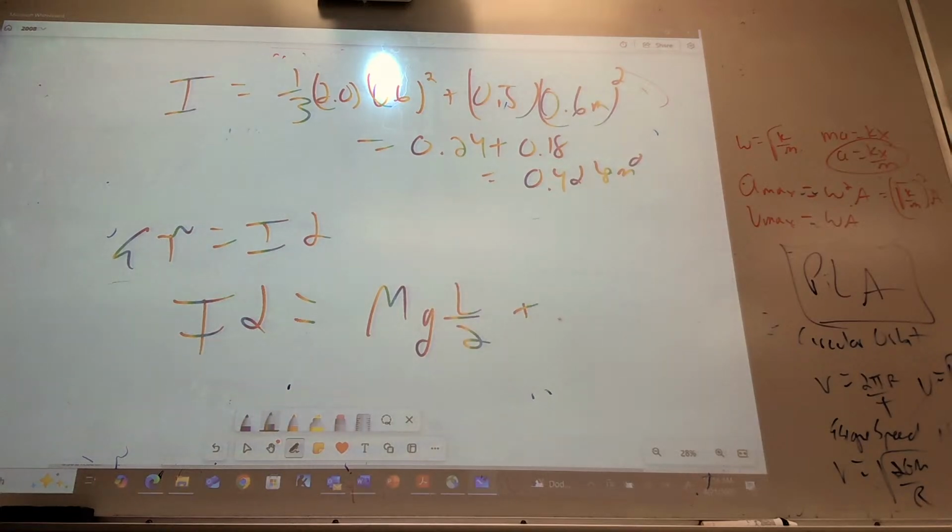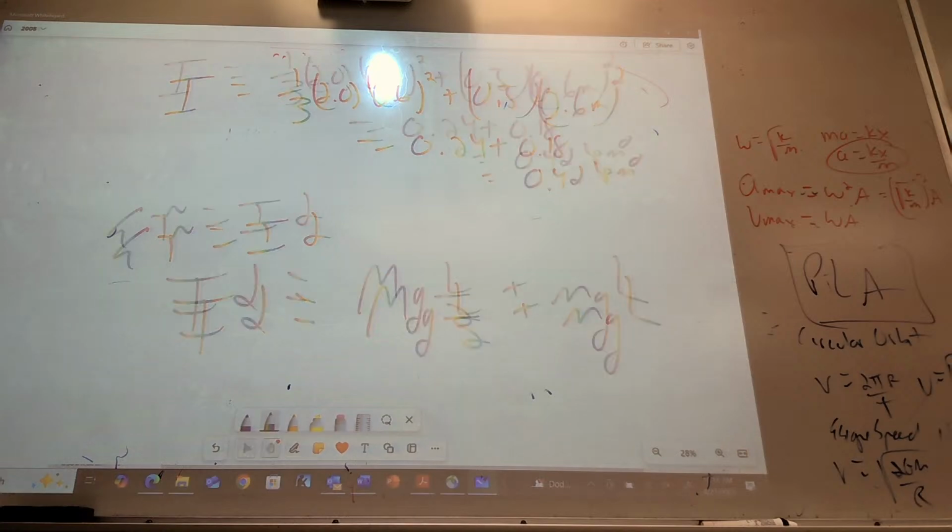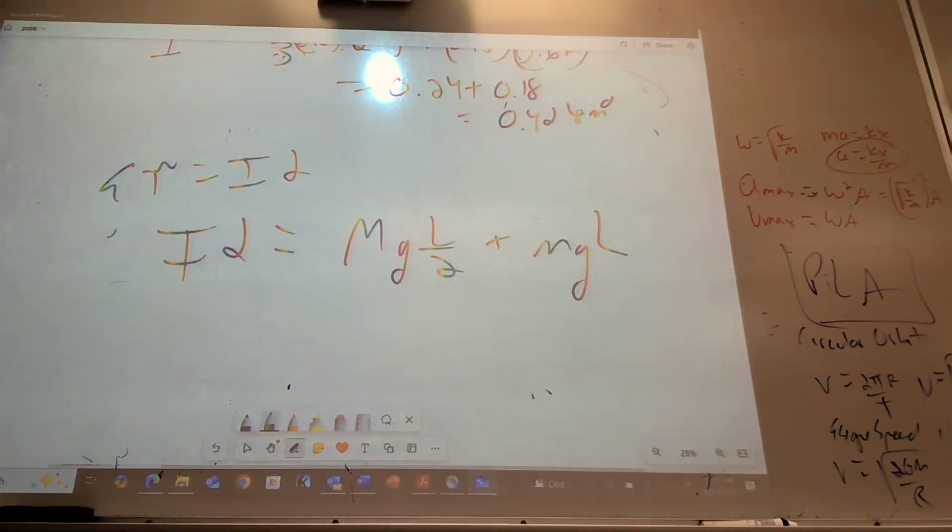And then we have the block on the end, mgL. It was just a matter of plugging in. You have your two torques. They're both going down. We don't have to use any trig. We plug in and we get 21 radians per second squared. You get a point for your unit.